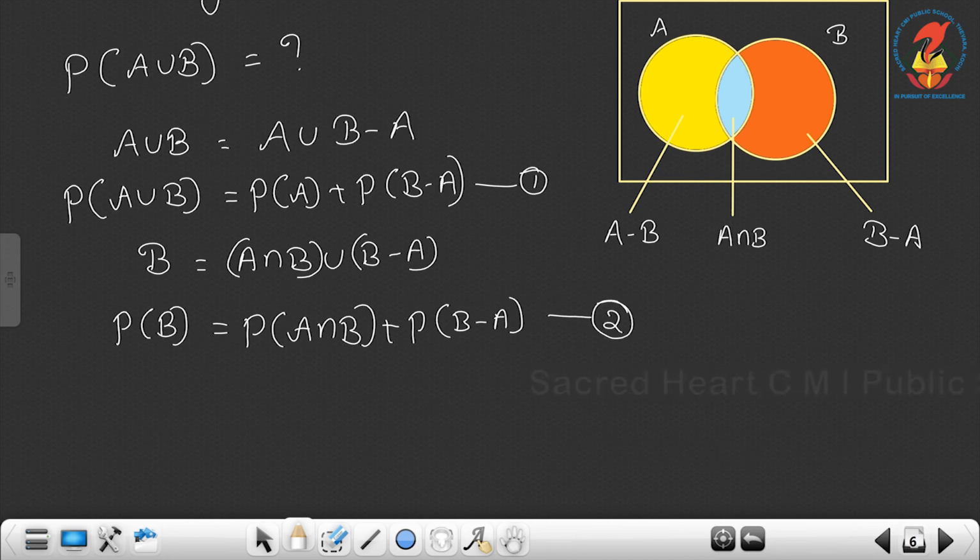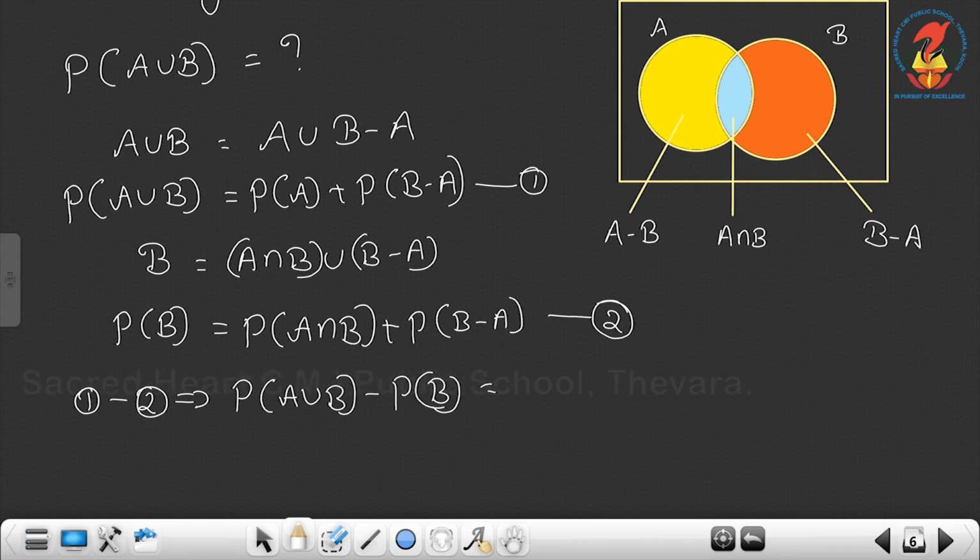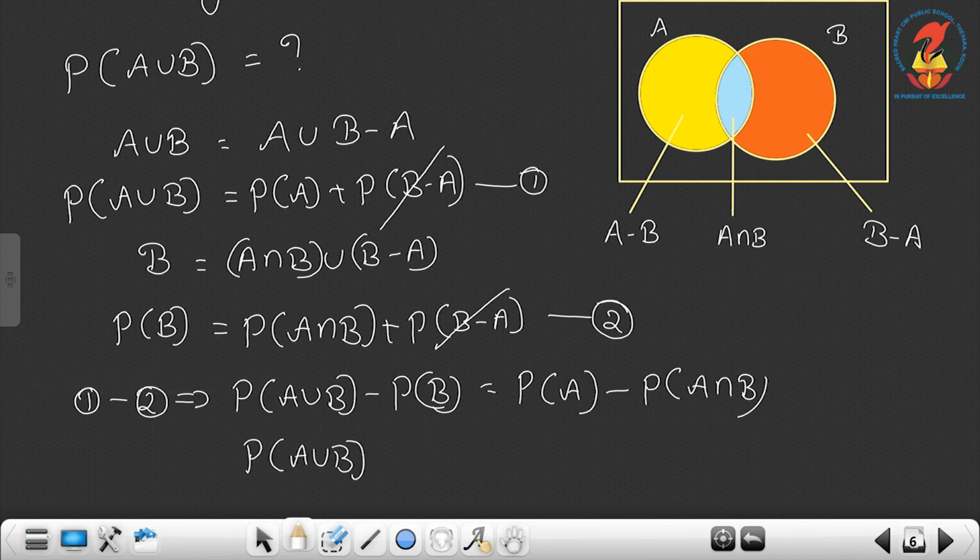Equation 2. Then equation 1 minus 2: P of A union B minus P of B is equal to, on the right hand side, P of A minus P of A intersection B. This term cancels. So what is P of A union B? P of A on the right side, taking this P of B to the other side, it is plus P of B minus P of A intersection B.